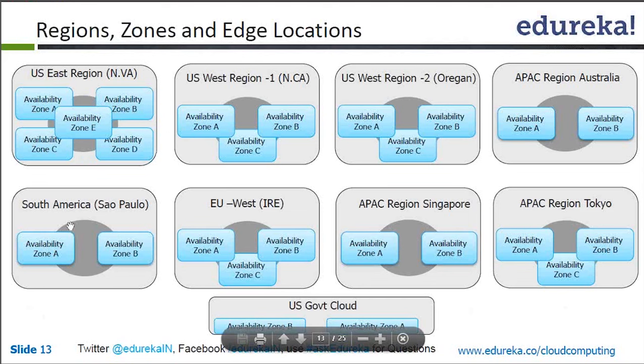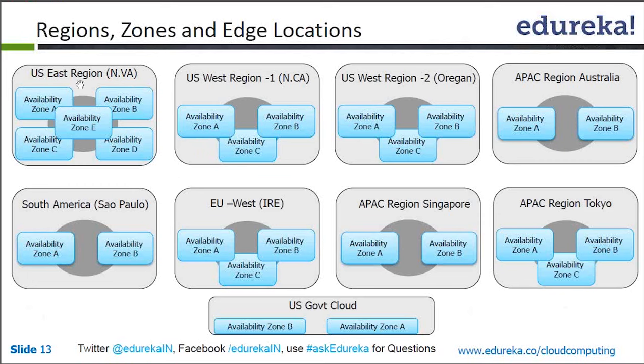A region, you can assume, is like a physical data center, and within it an availability zone is a set of infrastructure provided in different zones. Everything will be independent of each other.